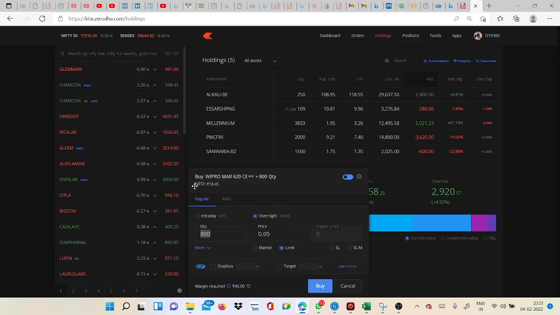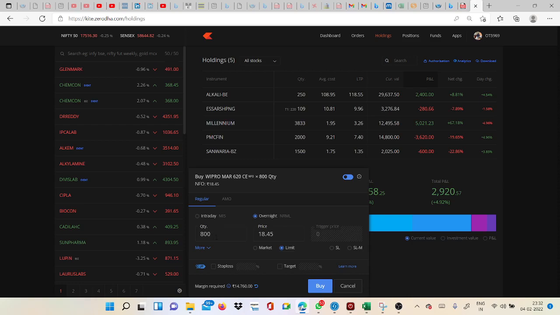Now let's say you want to purchase 800 quantities. The margin required to purchase this contract, or to enter into this particular derivative contract, is 14,760 rupees. The quantity, as you can see here, is around 800.